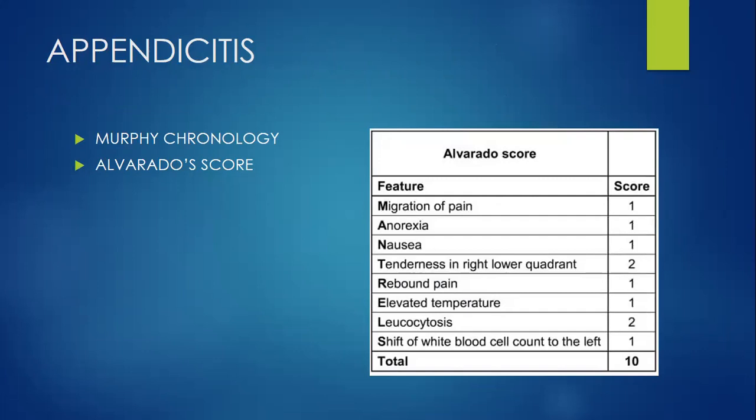I'm sure at least two or three of you like the surgical field. I'm more into the medical field, but I think some of you might like this kind of diseases and how to treat them. So does anybody know what Murphy's chronology is?